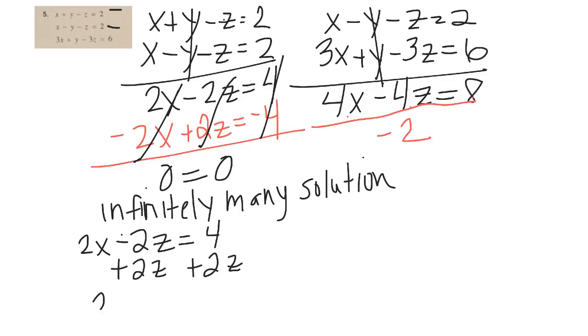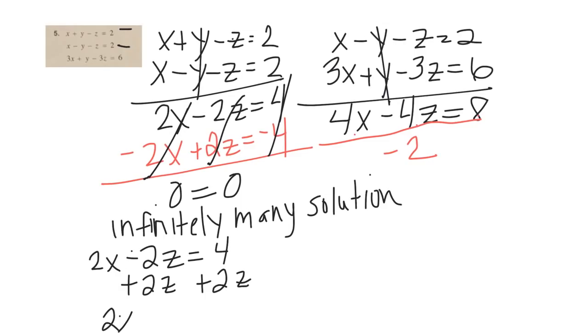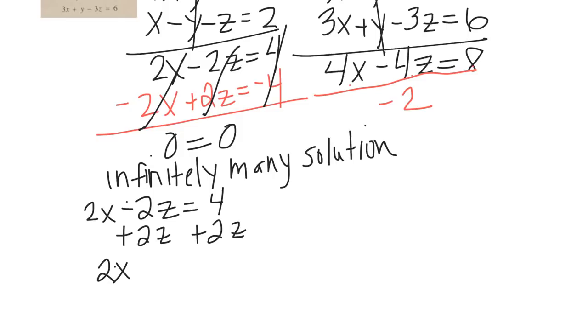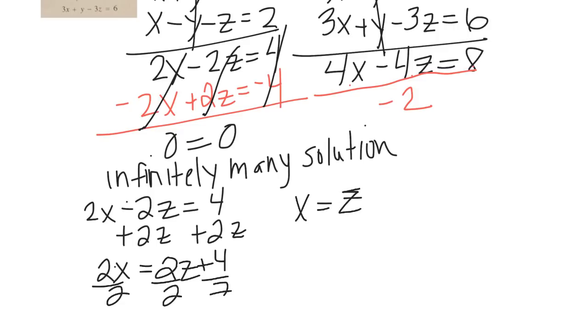And I get that 2x equals 2z plus 4, divide everything by 2. So x is equal to z plus 2. So here I have solved x in terms of z.